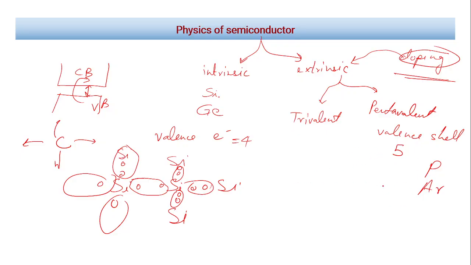They have 5 valence electrons. So when we have a situation like this, where this is my silicon atom with 4 valence electrons, now I introduce a phosphorus atom in a very small amount. I'm not mixing equal amounts or anything.